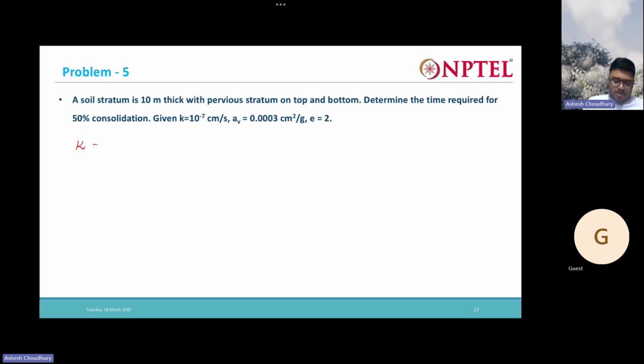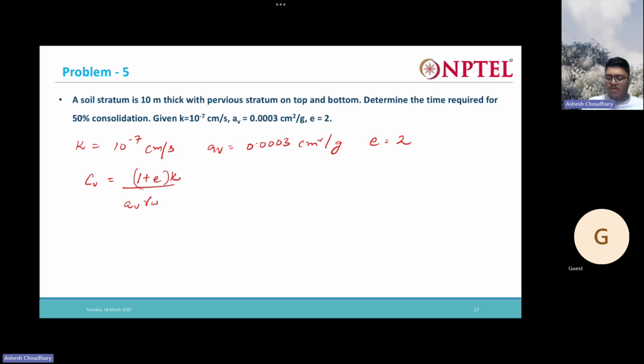We have K as CV times MV times gamma W. So CV is K by MV gamma W, where MV is nothing but AV by 1 plus E. So I can get CV like this.